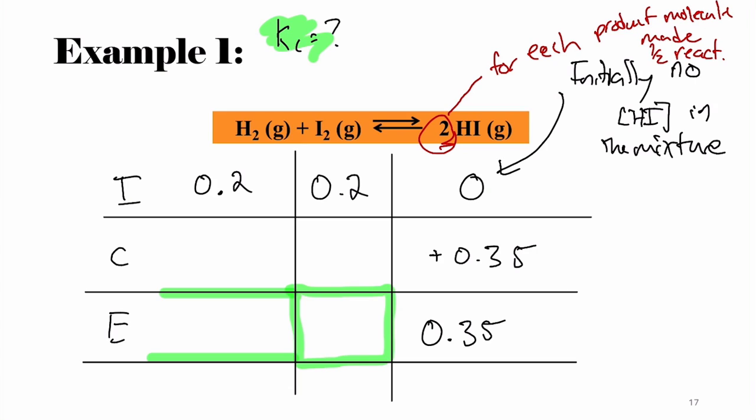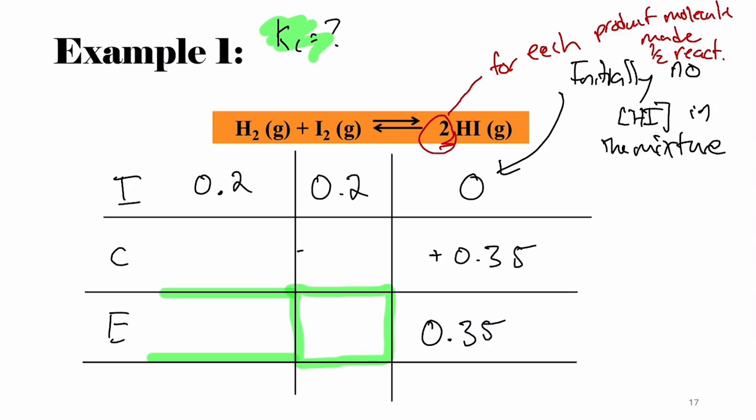So for each one of these made, we used half as much of each reactant. And so if we made this much of our products, that required a change of minus 1/2 of that for each reactant.